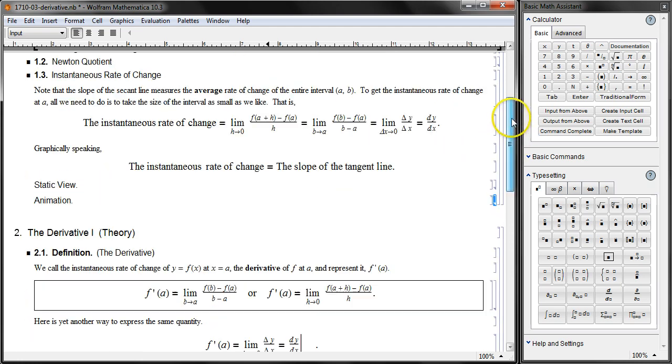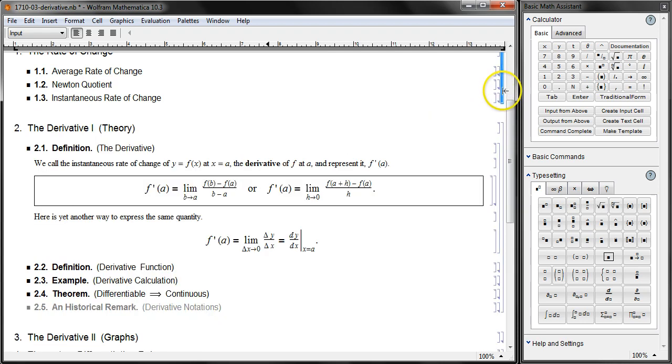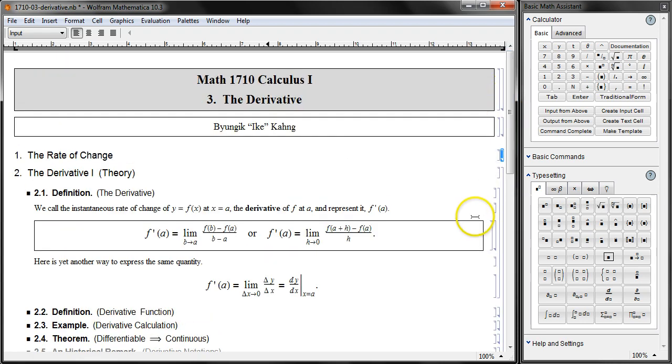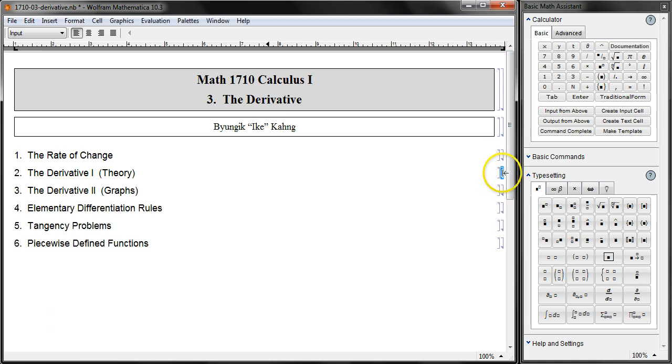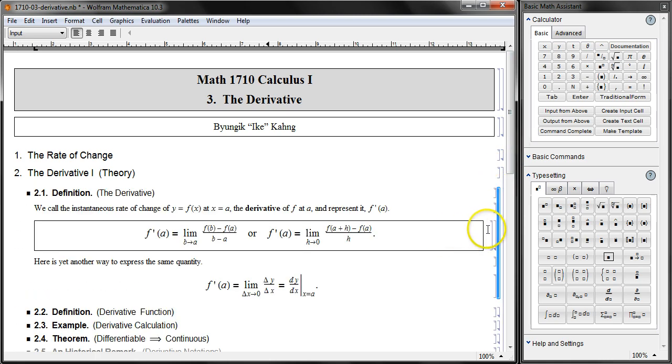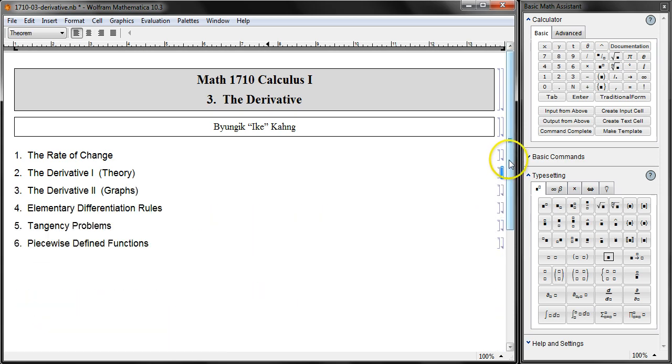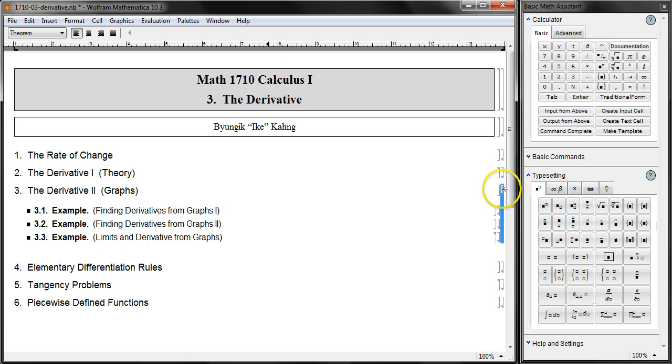Anyway, that was the derivative, graphically speaking. And excuse me, let me get this expression, close that hand, and let's do some problems associated to that.